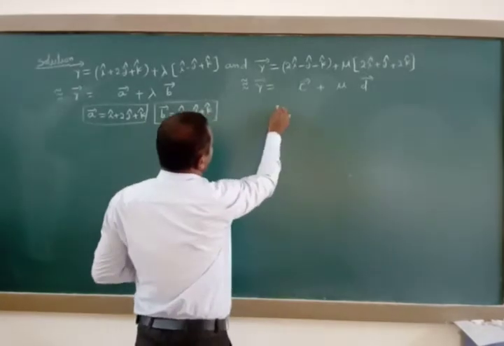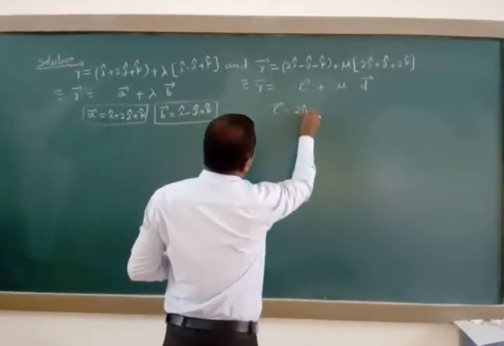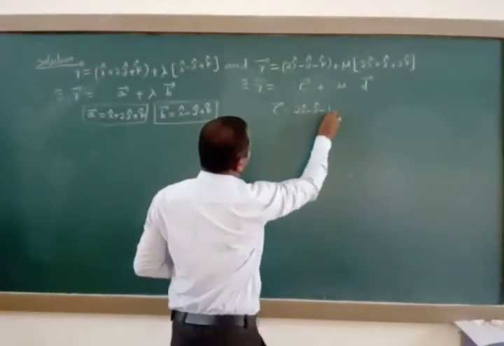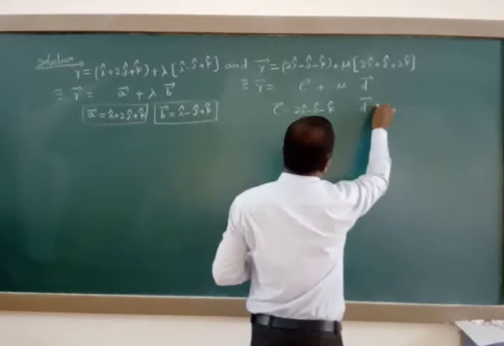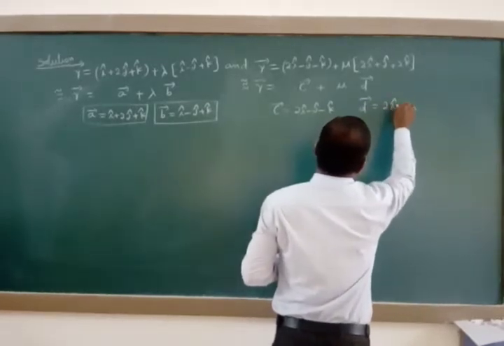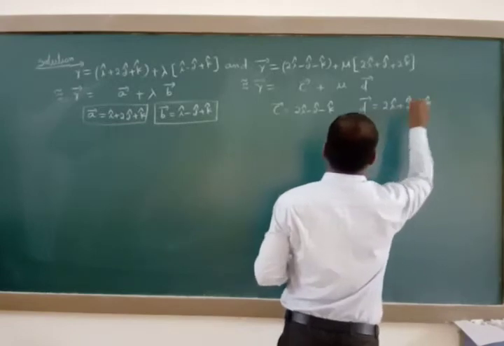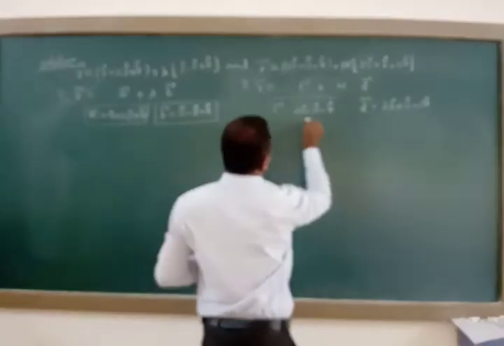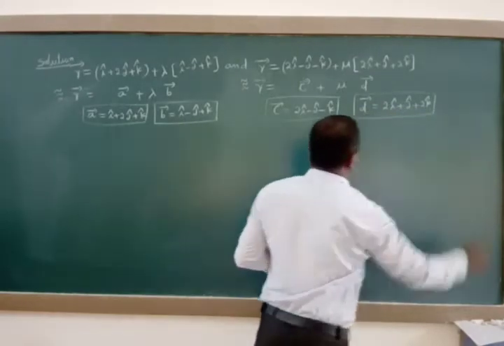That is, c vector equals 2i cap minus j cap minus k cap, and d vector equals 2i cap plus j cap plus 2k cap. It is the one vector and it is the other vector here.